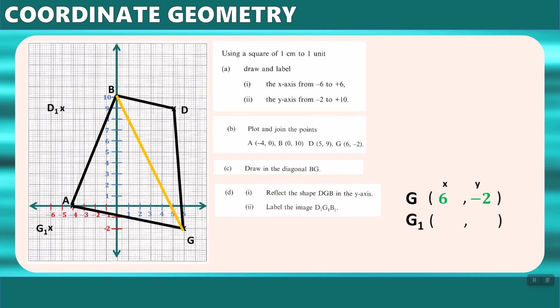G1 is at, if we look up, we can see it hits the x-axis at -6. And if we look to the right, we can see that the y value is -2. Again, look at G and G1. We can see that the y values are the same, but the x value has gone to -6 from 6. It has taken on its opposite because we reflected it in the y-axis.